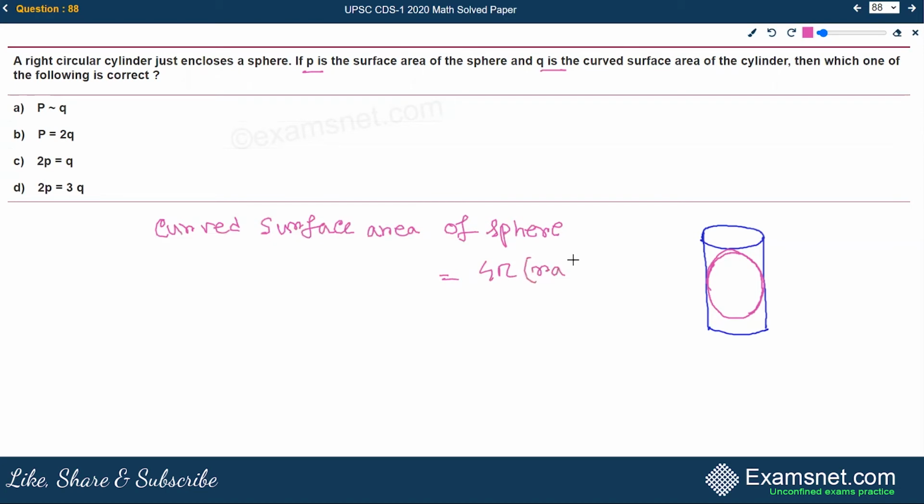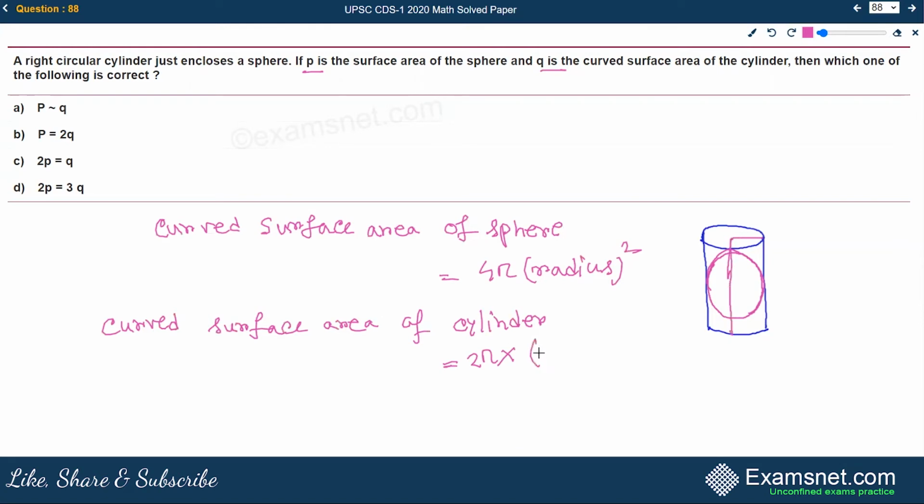I can write it as radius square. Also, curved surface area of cylinder, that is 2 pi r h. Here r is the radius and h is the height.